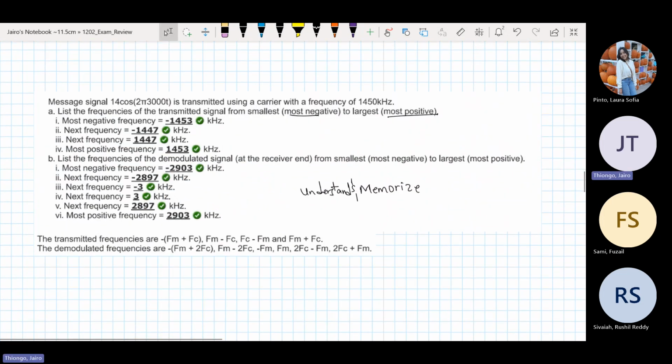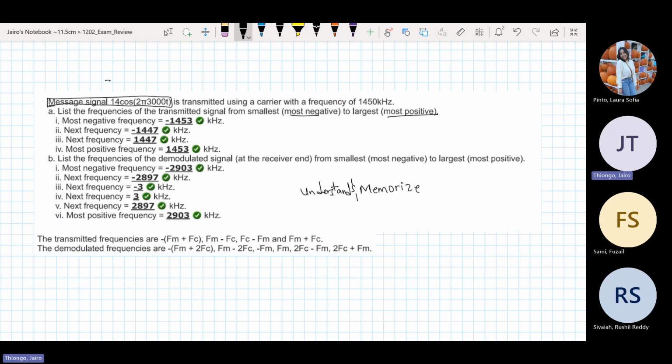And now with that motivation, let's go. We're not going to read the whole question, but let's point out the data that's given. You're given the message signal, and then you're told it is transmitted using a carrier with a frequency of 1450.